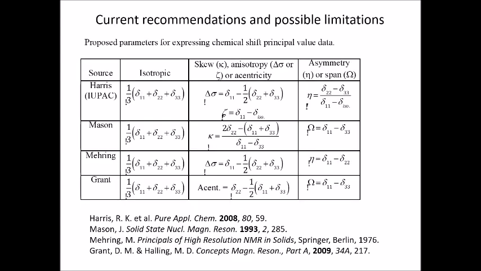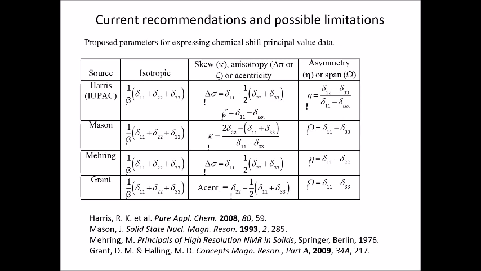If you look at the current proposed recommendations for principal values, in the top row there are the IUPAC recommendations, and they say you should use something called the isotropic shift, the anisotropy, which is given by two different definitions by the IUPAC, or the asymmetry. Robin Harris, who's the chair of this committee from the IUPAC, gives the definitions there in the first row. You can look at those.